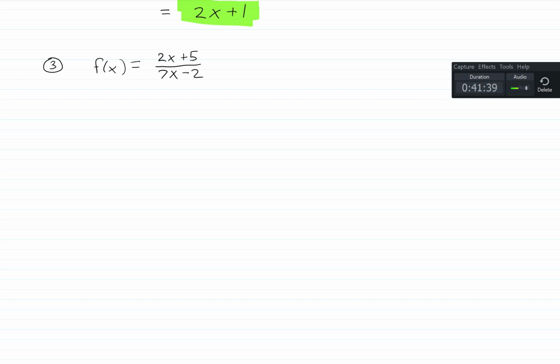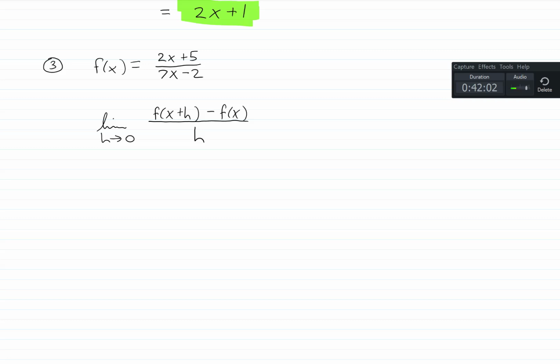Okay, and we want to find the limit of the difference quotient as h approaches 0. Now, mathematically, this is not any different, which means no harder and no easier than the two we just did. It's the same problem as the two we just did.